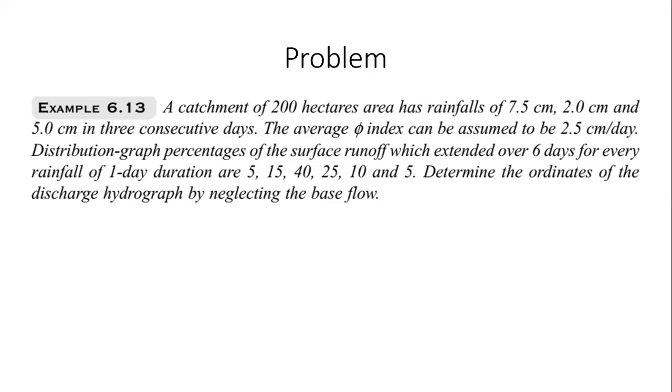All of this terminology is simply trying to convey this information to you. So if I receive rainfall for 1 day, I get 6 days of runoff, and over those 6 days, the percentages of runoff are 5, 15, 40, 25, 10 and 5.